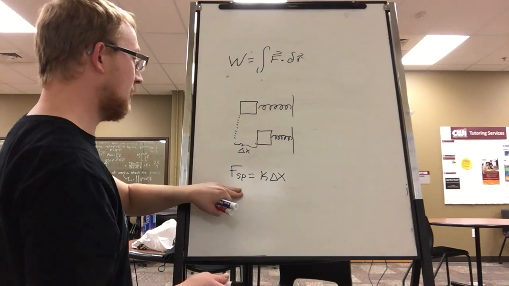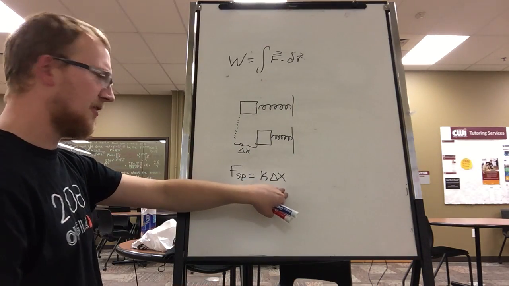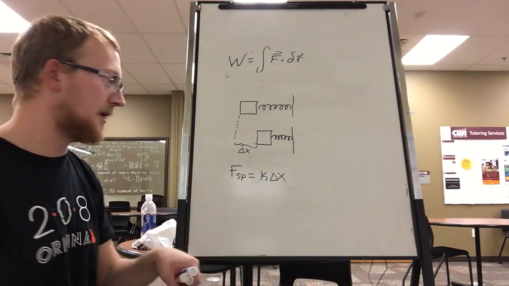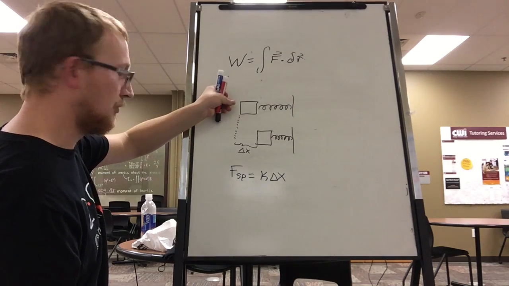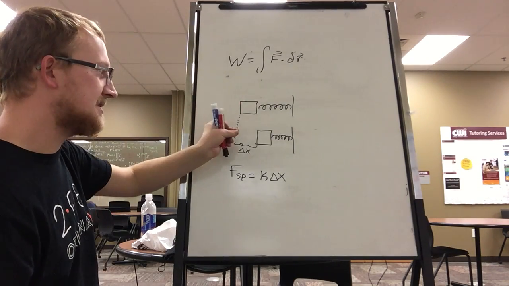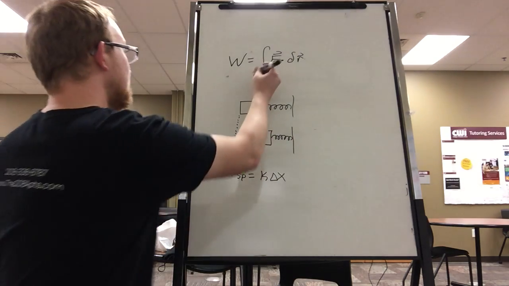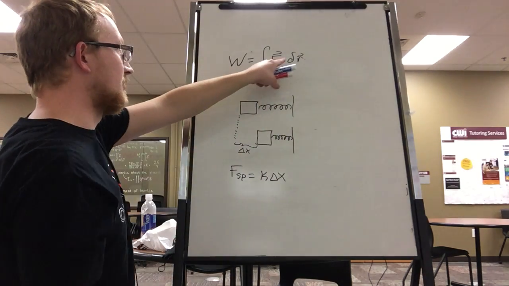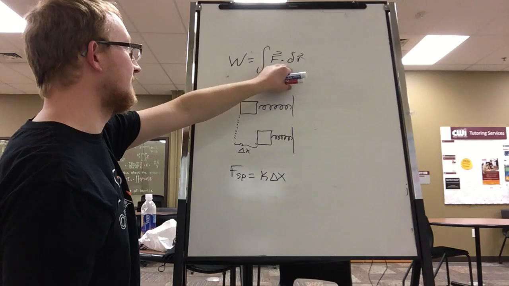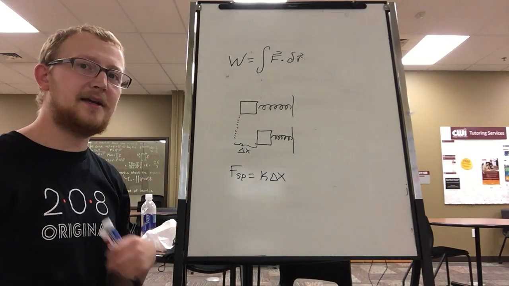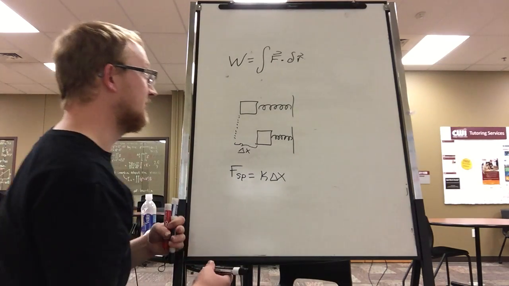So I know my force, and it is a function of its displacement, right? In other words, the force when I push it in a little bit will be less than the force when I displace the spring a lot. And so in this case, we can't pull force out of our displacement integral, because force is a function of displacement.